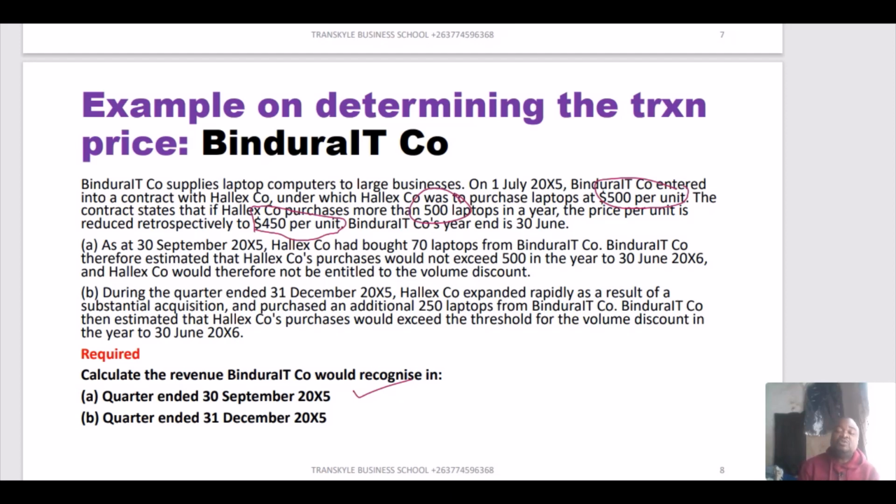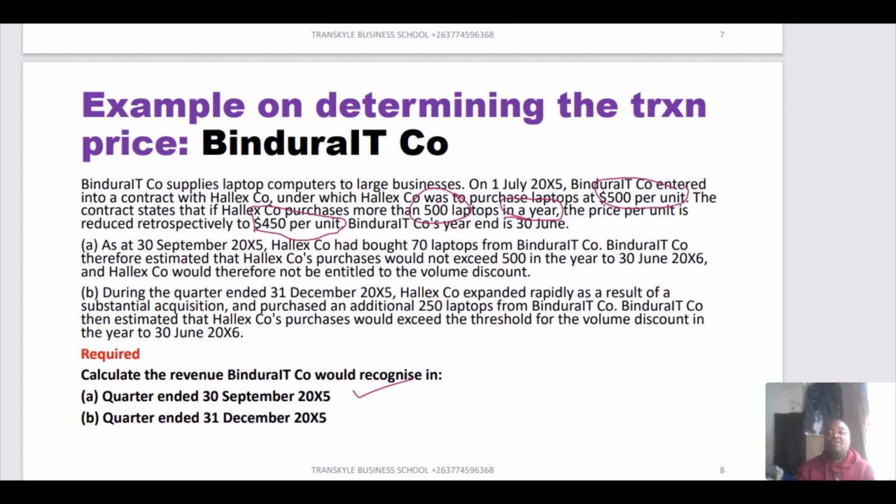You must also know that the examiner is saying in a year. If you purchase in a year, your cumulative purchases should at least exceed 500. So at any particular point in the year, if your purchases cumulatively exceed 500, then you are required to be given a discount.